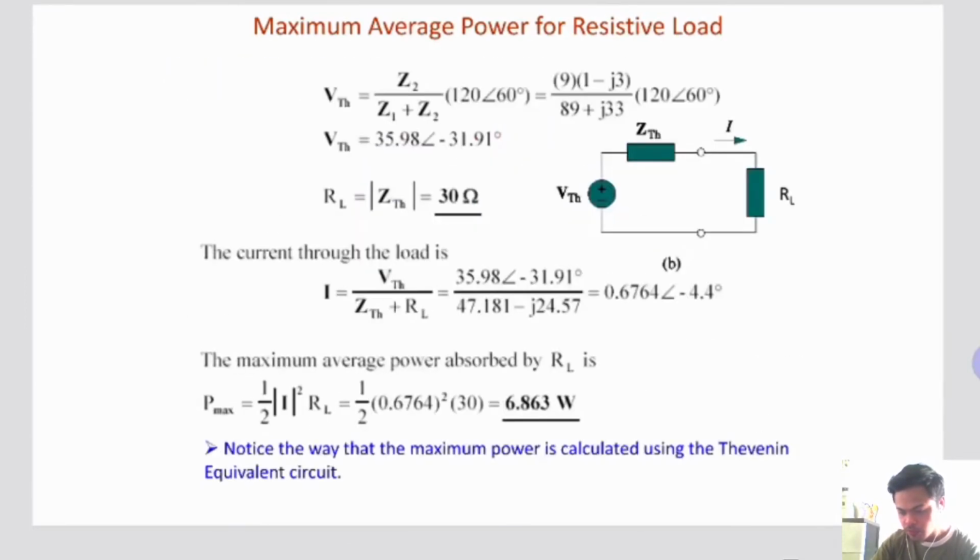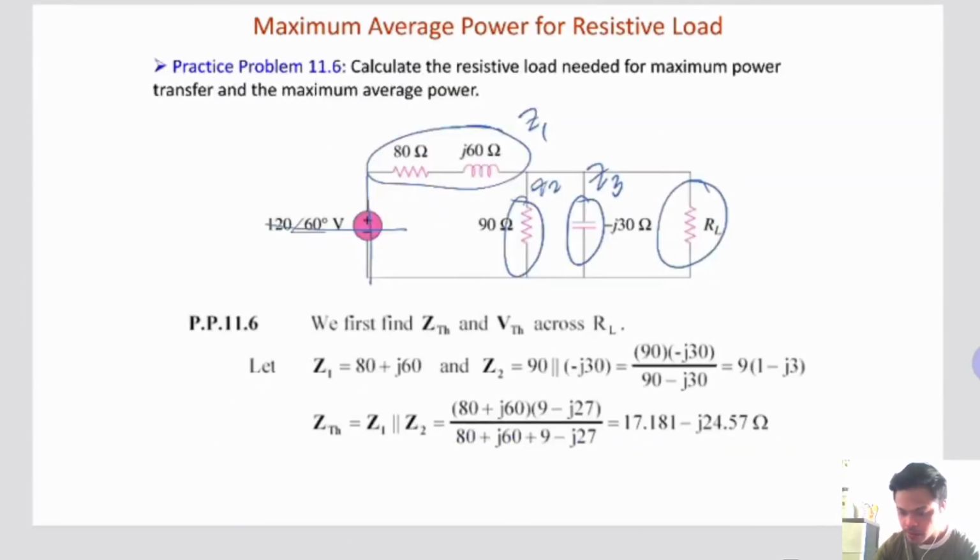To find the VTH, the VTH is the voltage across your negative j3 ohms, or the voltage across the 90 ohms element, since they are both connected in parallel.